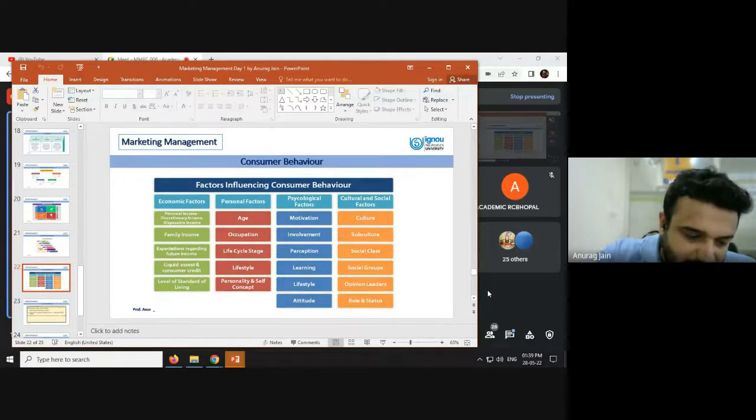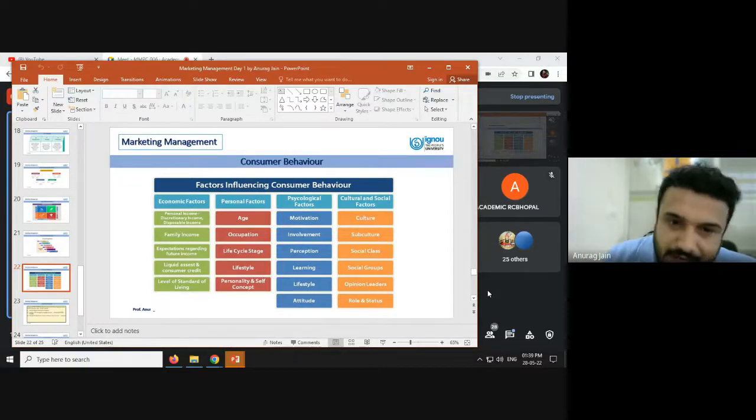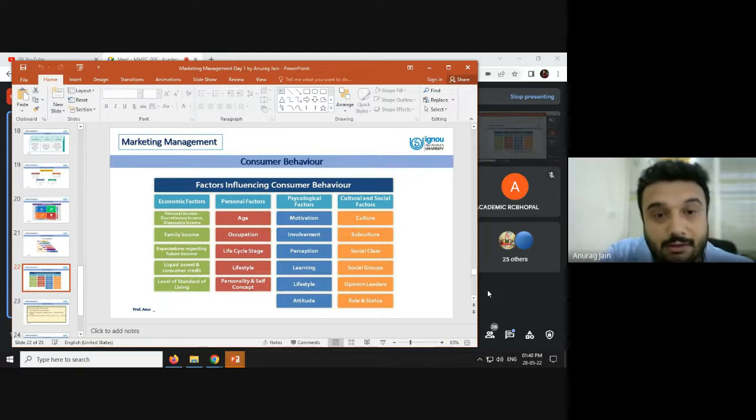So there is a certain similarity in a single segment which we are trying to serve. But still each and every customer is very different from each other, and there are many factors which determine what they are going to buy and what they are not going to buy. These factors are usually termed factors which influence consumer behavior.